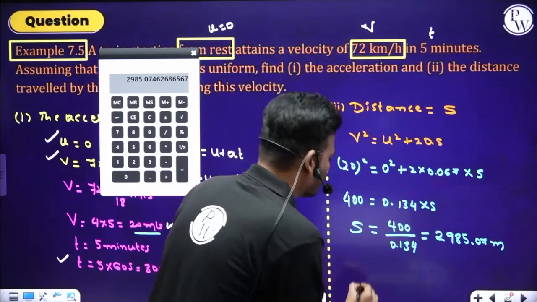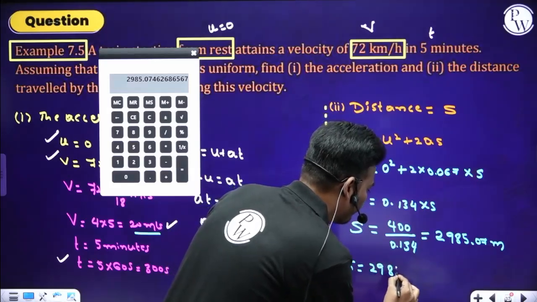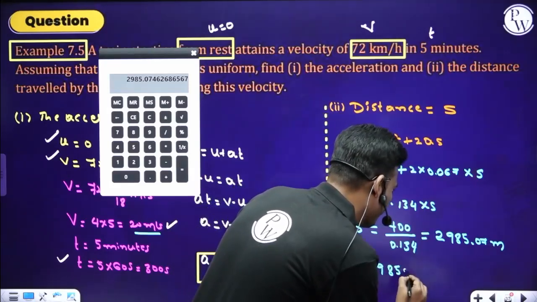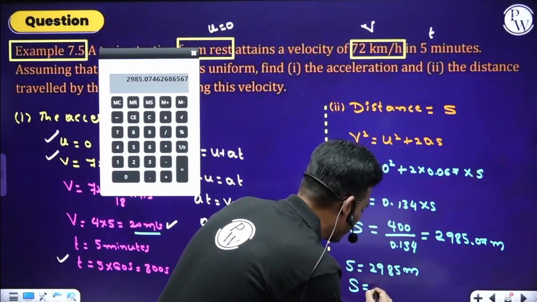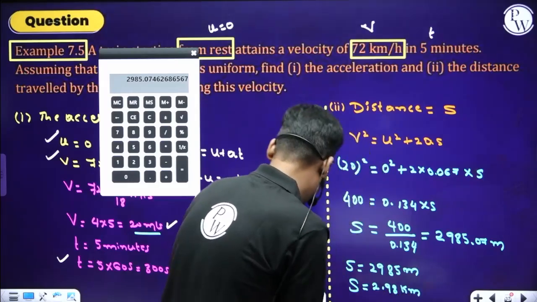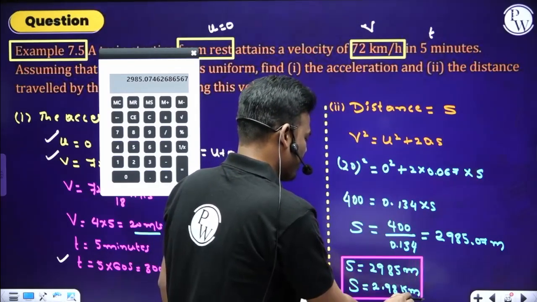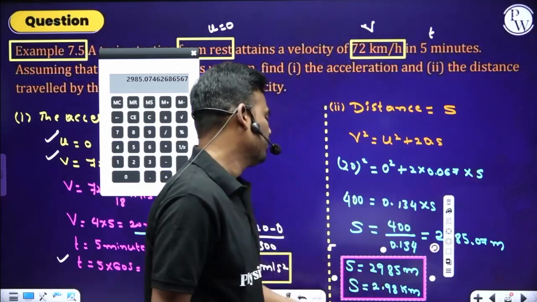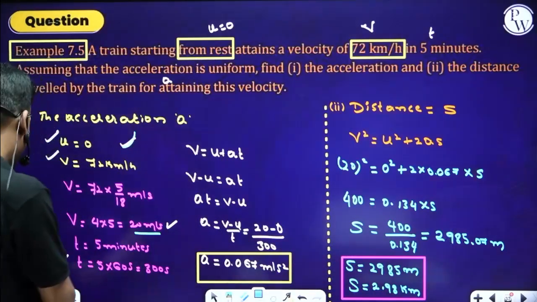Or else you can write approximately 2985 meters, or the distance is nothing but 2.98 kilometers. Anything is fine, you can write down this one or this one. Right, let's move on to the next topic.